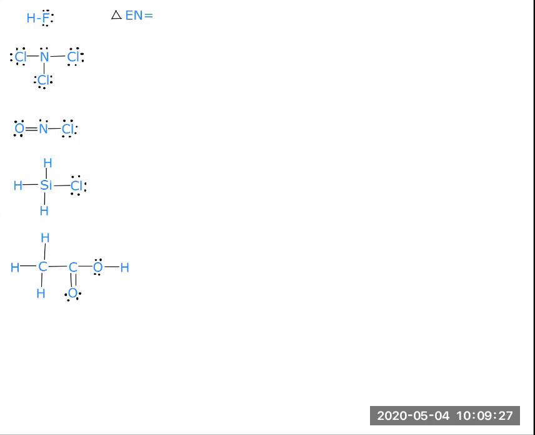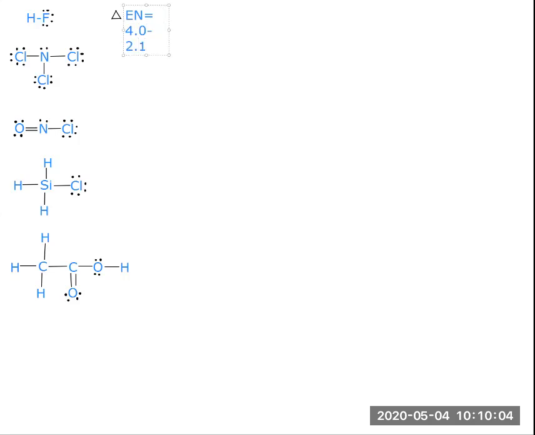So here what we will do is calculate the electronegativity difference between H and F. You want to look at that table on the left side of electronegativities, and you take the values for hydrogen, here in the upper left corner, and fluorine in the upper right corner. It has to be a positive difference, so you take the highest value minus the smaller value.